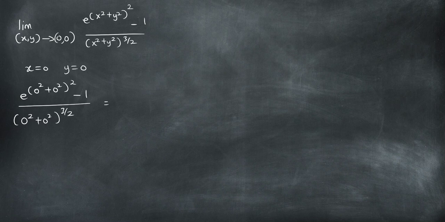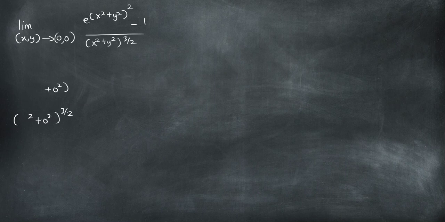I'm going to have e to the power 0 minus 1 divided by 0. When you simplify this, you're going to have 1 minus 1 divided by 0, which is the same as 0 on 0, and this is indeterminate. You can't take 0 by 0 to be an answer. So what you have to do is to find a different way of solving this question.